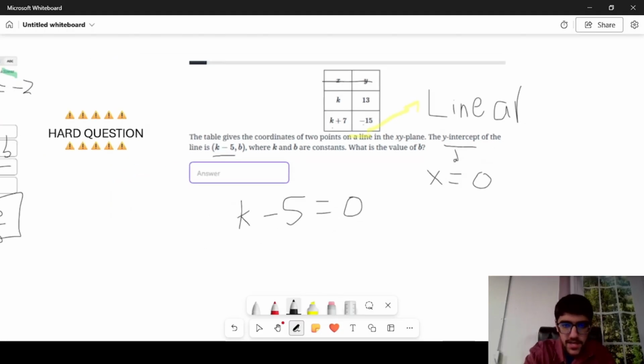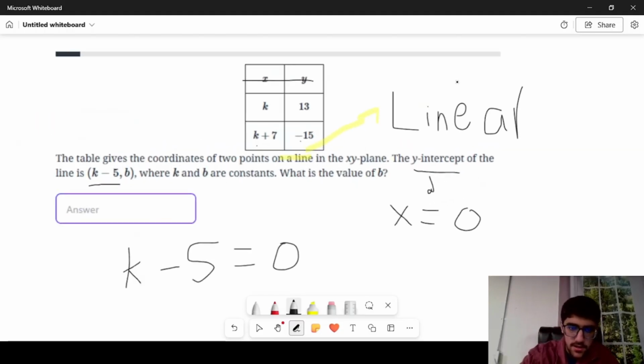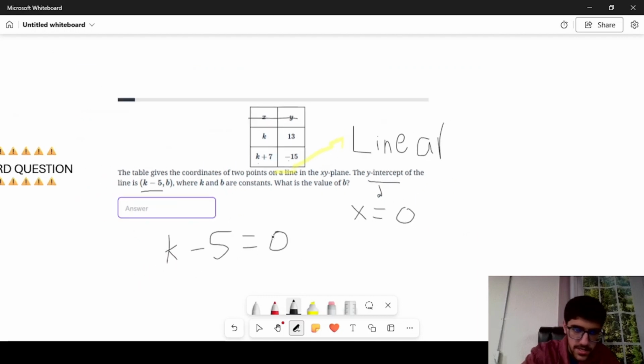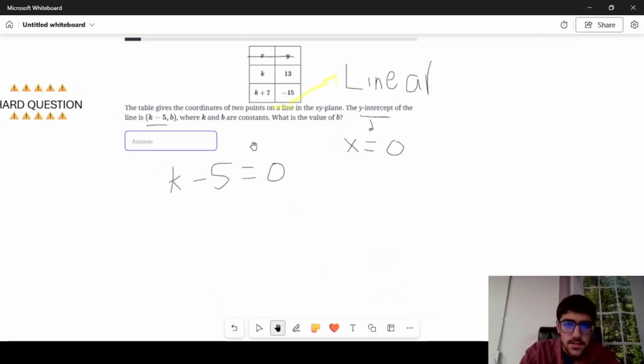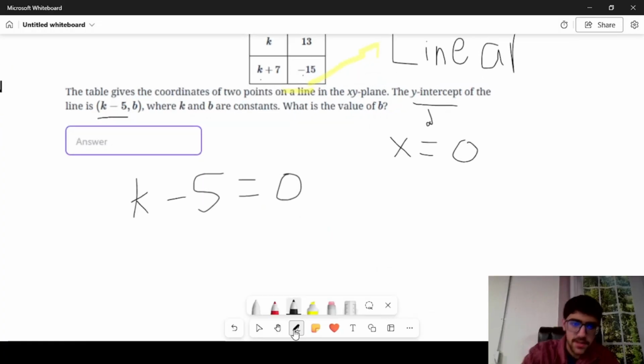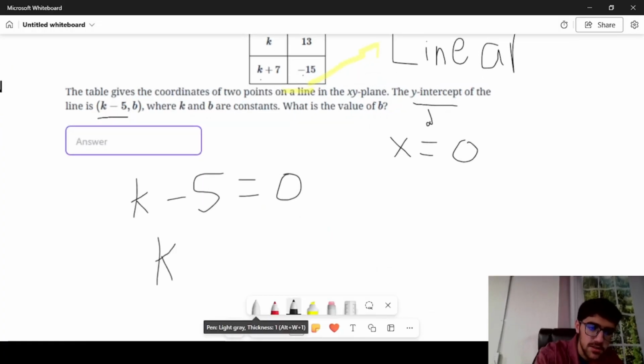Solving for k, add 5 to both sides, and you know that k is equal to 5.